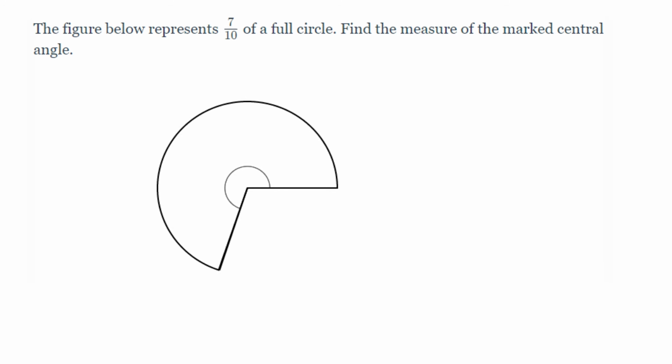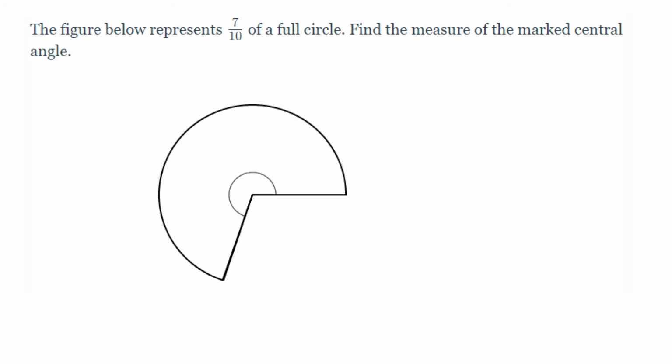So this is the first example on your Delta Math, and we're just going to talk about how we find the sector that we're talking about. We know that a triangle, or excuse me, a circle is made up of 360 degrees. Well, we don't have the entire picture here. What we are told is we have 7/10 of a circle. Well, if we have 7/10 of a circle, then we have 7/10 of the 360 degrees.